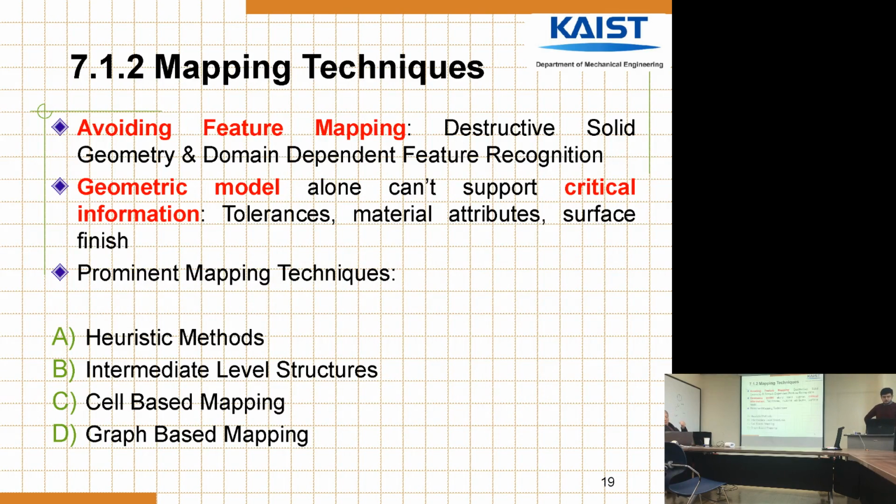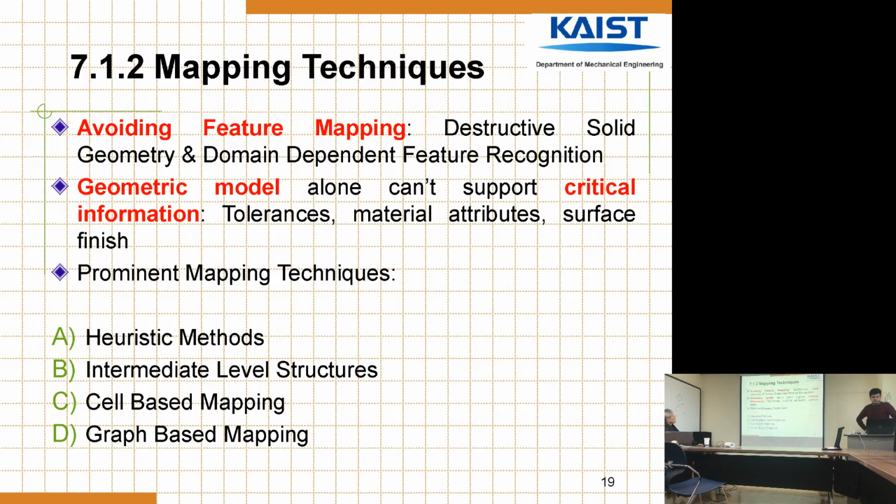Next, my topic for today is the mapping techniques, how we can map from one system to the other. The techniques which I am going to discuss mostly deal with the mapping between the design system and the manufacturing system.